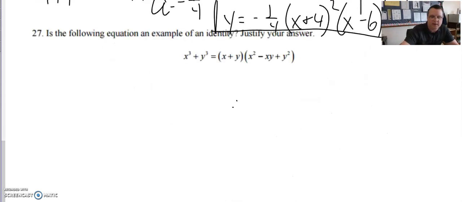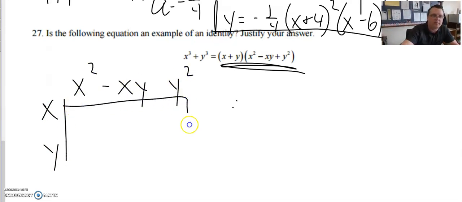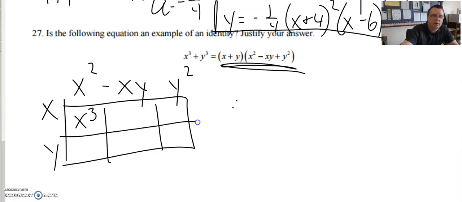The identity, the example of the identity. Remember, you want the left side to equal the right. So the easiest thing to do is to box up this right side. So we have (x + y)(x squared minus xy plus y squared). So this is x cubed, and then x squared y, negative x squared y.